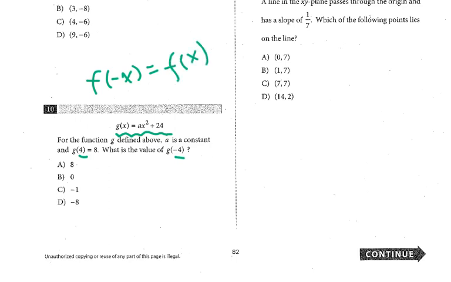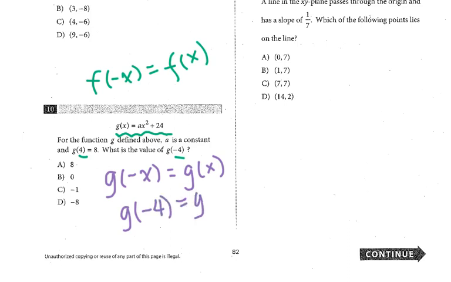If the g function is even, then we get g of negative x equals g of x, and the answer will be 8 because g of -4 will be g of 4. But you need to prove that this is an even function. So how do we prove that?